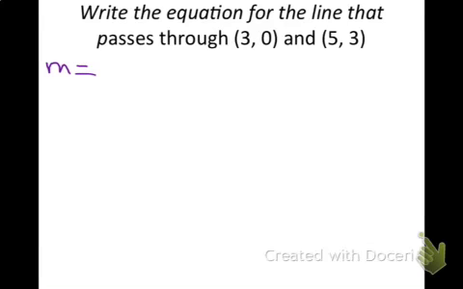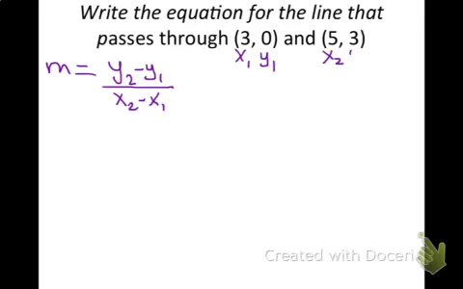So slope is equal to y2 minus y1 over x2 minus x1. So it's our vertical displacement divided by our horizontal. Okay, so let's go ahead and label x1, y1, x2, y2. All we have to do now is plug in the corresponding numbers into our formula.